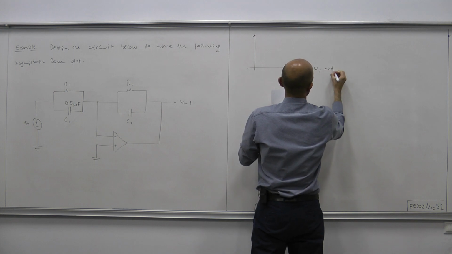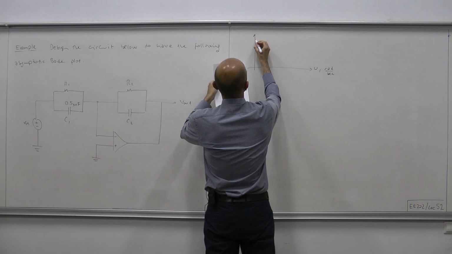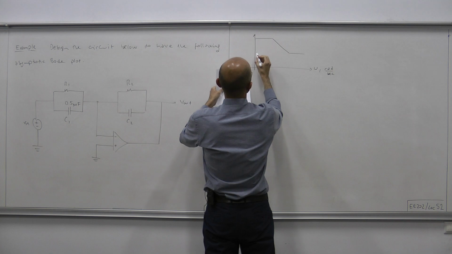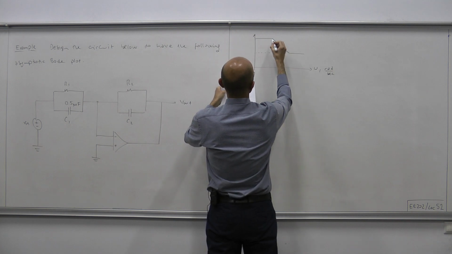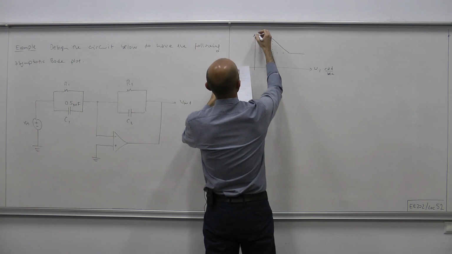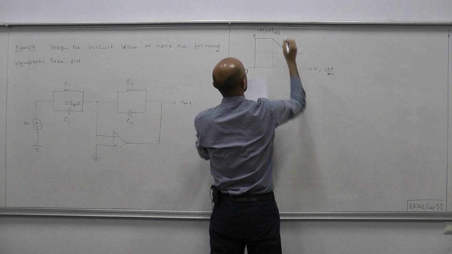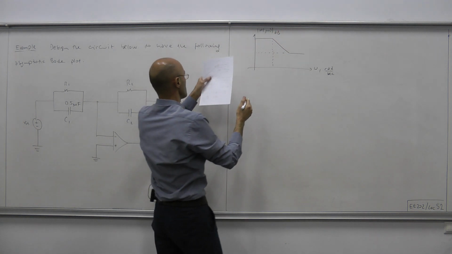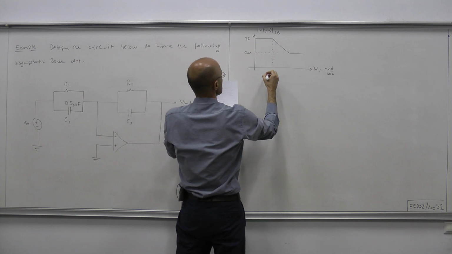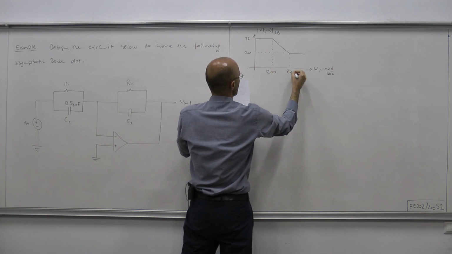Omega in radians per second, H(j omega) gain in decibels. So this is 32, this is 20 decibels, and these frequencies are 200 and 800.